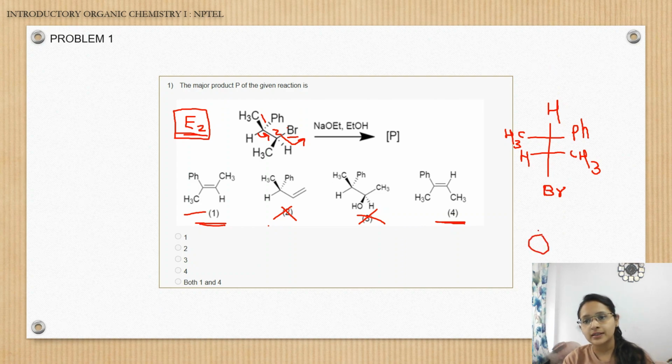Now to understand the stereochemistry and to visualize which is the anti-periplanar bond, you need to draw the Newman projection. So here in the Newman projection, I have told you the Newman projection is the eclipsed form of Fischer projection. So now here you can draw these things.